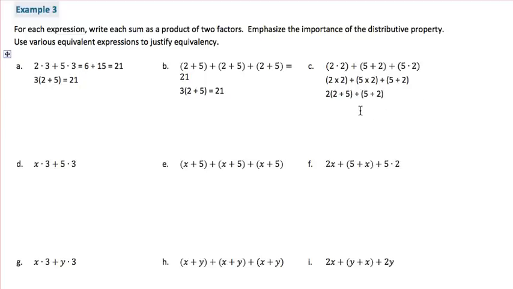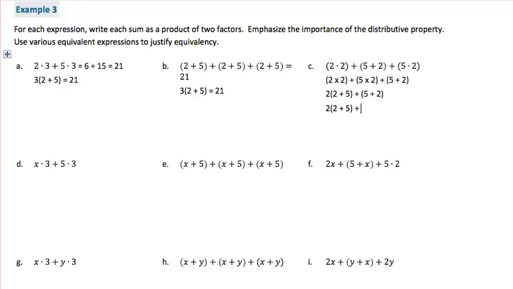Now, hopefully at this point, we can see that there is a very common thing going on. Inside the parentheses, we have 2 plus 5, or 5 plus 2. And since we're adding, any order, any grouping, we can go ahead and change our second term.